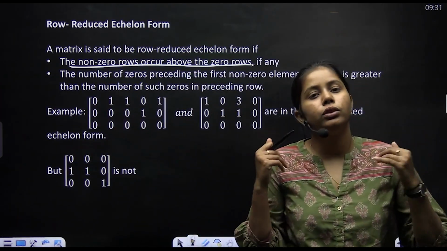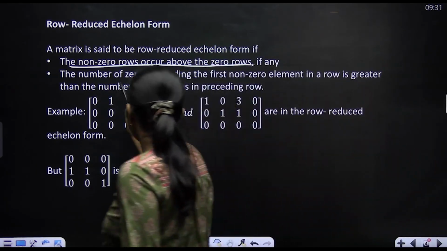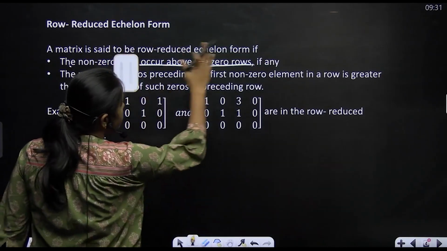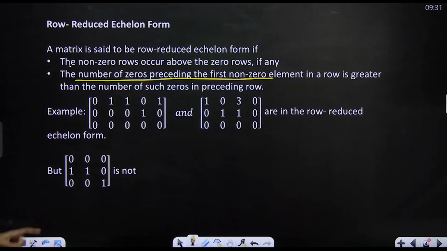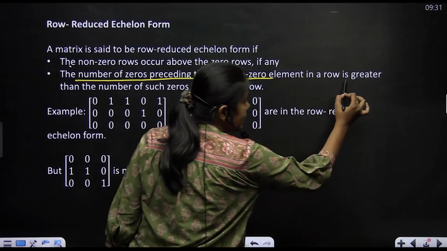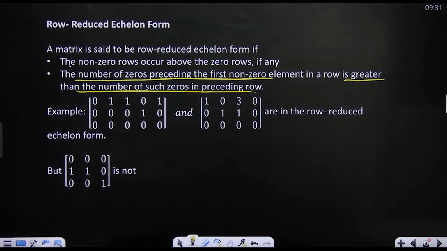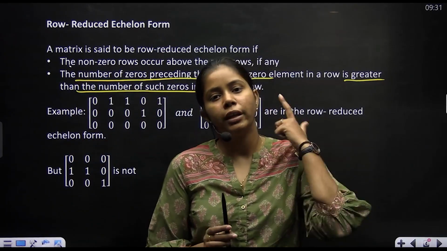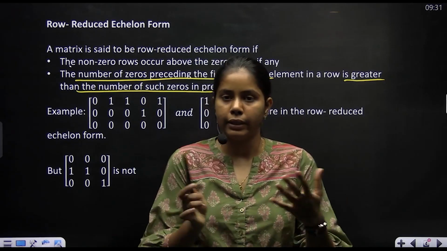Now see what it is saying: the number of zeros preceding the first non-zero element in a row is greater than the number of such zeros in the preceding row. Or I can say that the number of zeros before the first non-zero entry in a row should be in an increasing manner as we move down the matrix. That would be true.